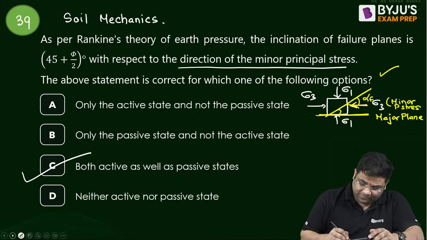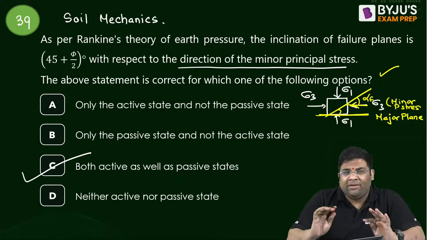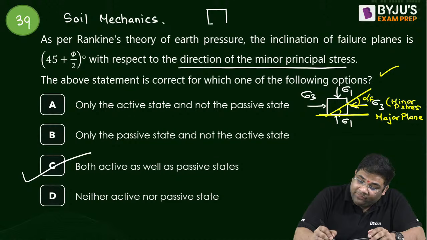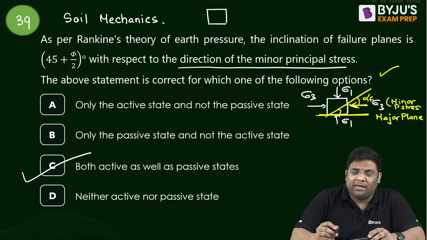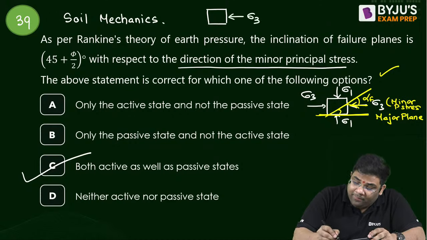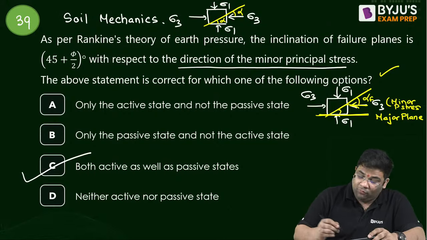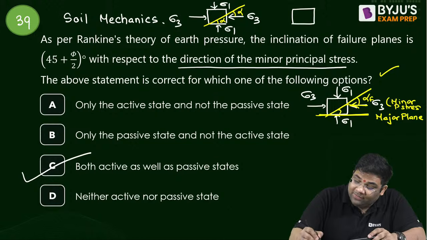In the active case, this is the minor stress and this is the major stress, and this angle is alpha. In the passive case, this becomes the major and this becomes the minor, reversed.